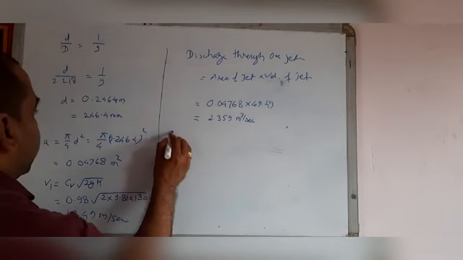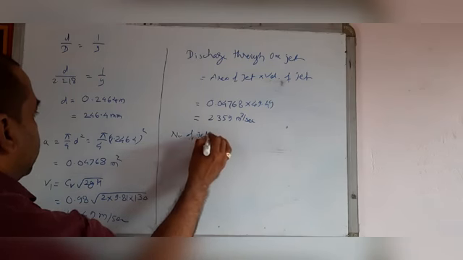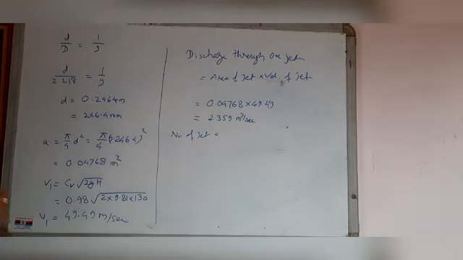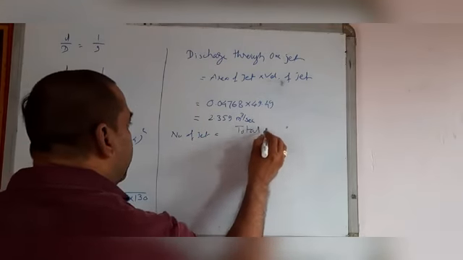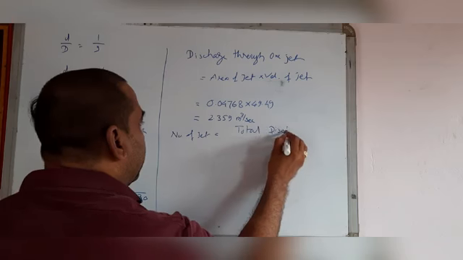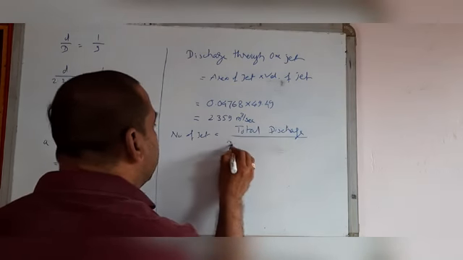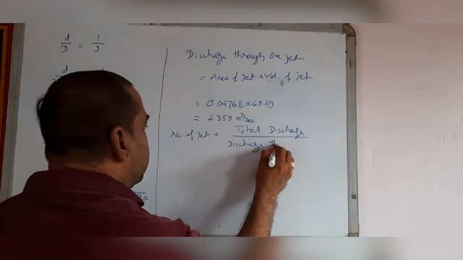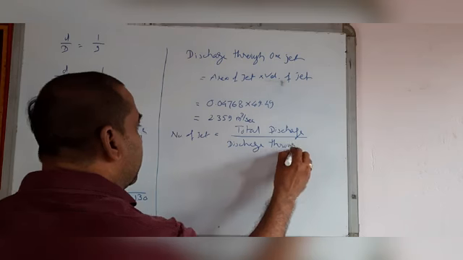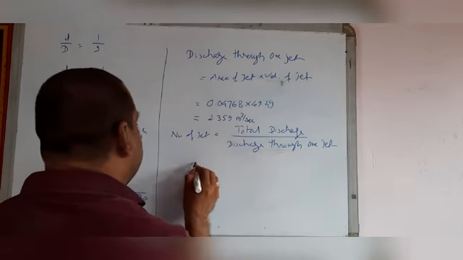Now we have to calculate the number of jets, which is equal to total discharge by discharge through one jet.